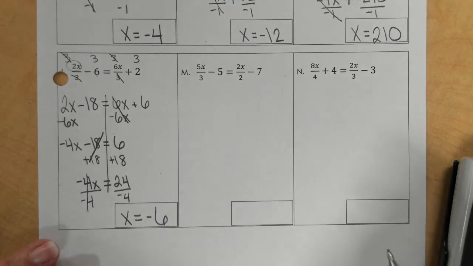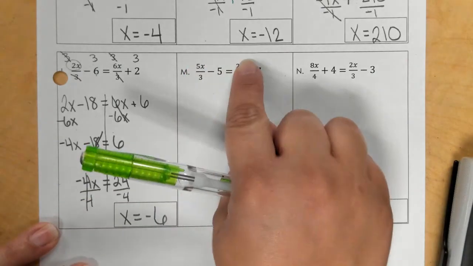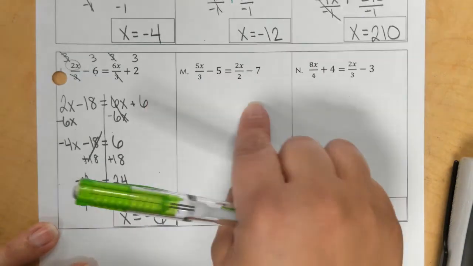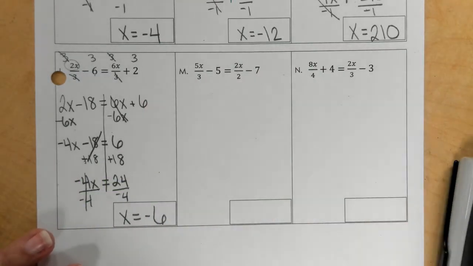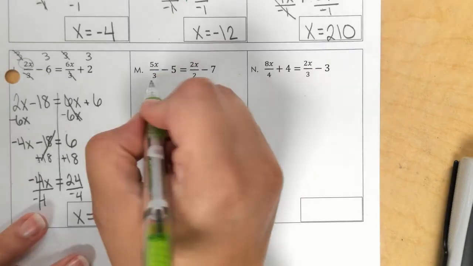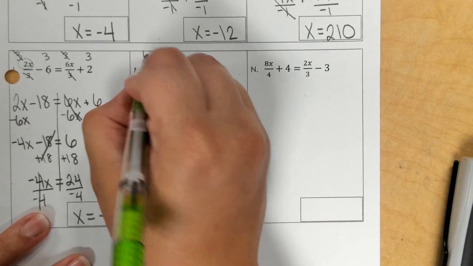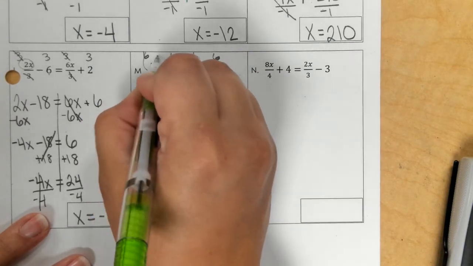Okay, so for M and N, I really think that you should pause the video. You should figure out what goes on the top of each one of these and try to clear the fraction on your own and then check with me. So I'm just going to work these out, and that way you can just check your work when you are done. So 3 and 2 would make 6. Divide, we get 2.